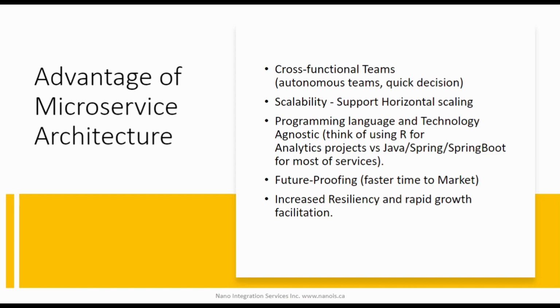And the next one is the increased resiliency and rapid growth facilitation. Again, for example, let's take an example of Amazon. And then we have COVID these days. I don't know if you are following the news, but the business for Amazon, or not the main business, but the profit, has grown manifold.